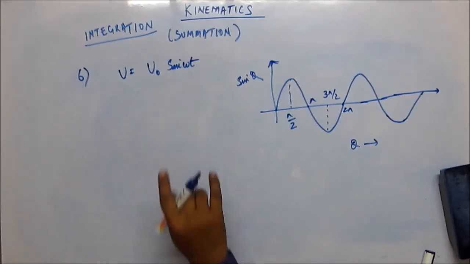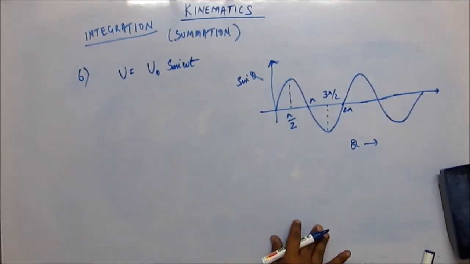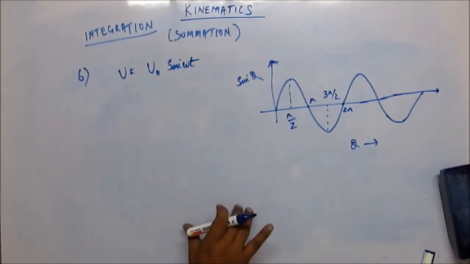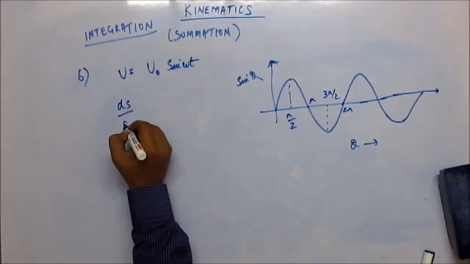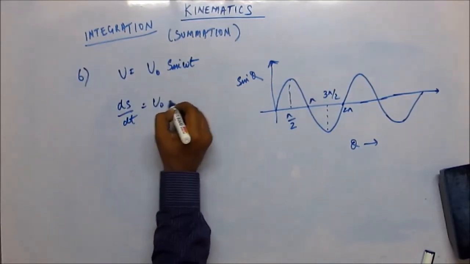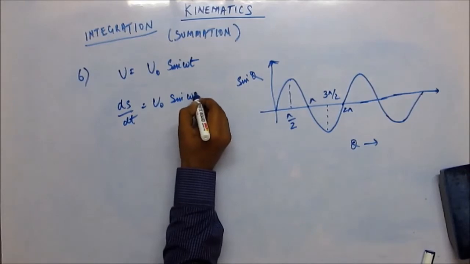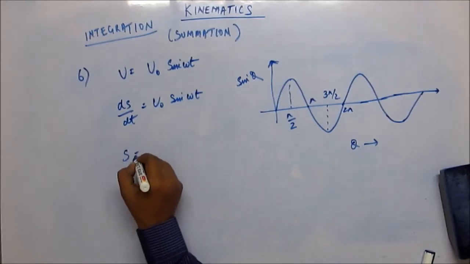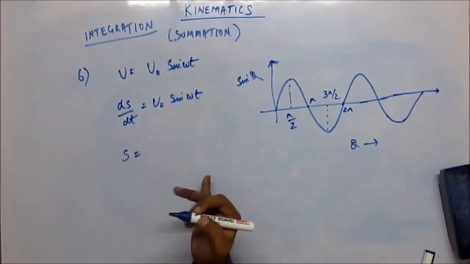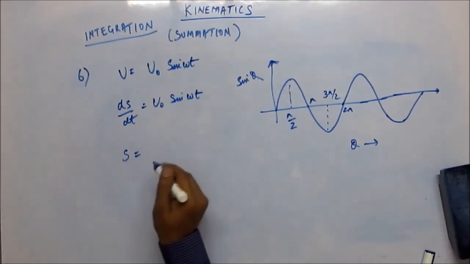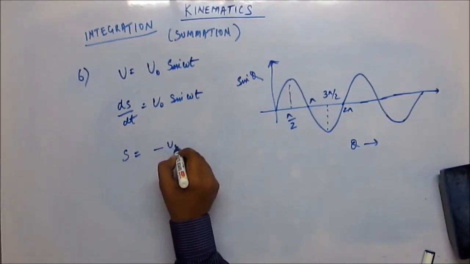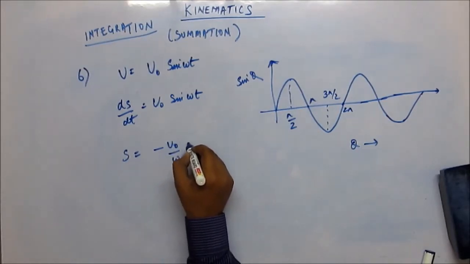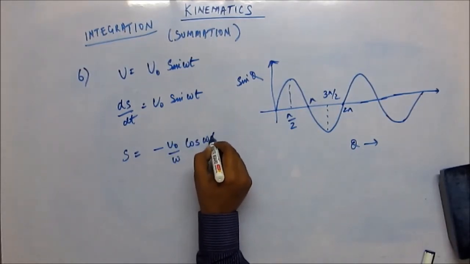Now they are asking for average velocity. As we did in the last case, average velocity is displacement upon time. So v is ds upon dt, which is given as v0 sine omega t. You should be able to write the expression of displacement directly by integrating this, which should be equal to minus v0 upon omega cos omega t.